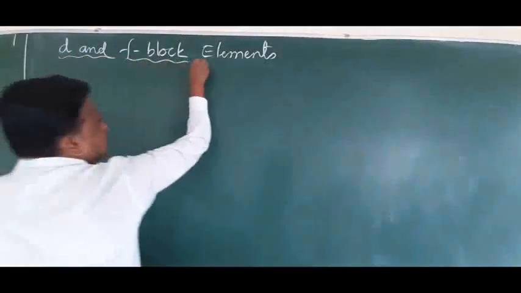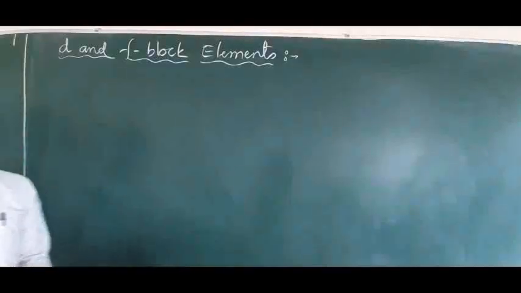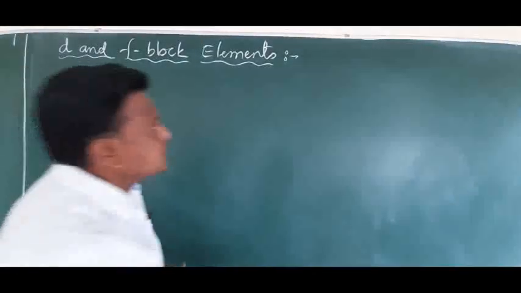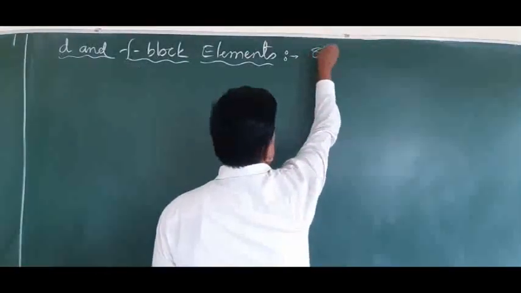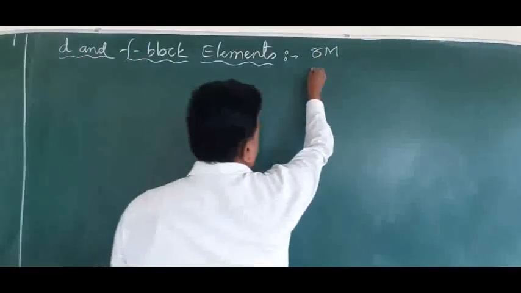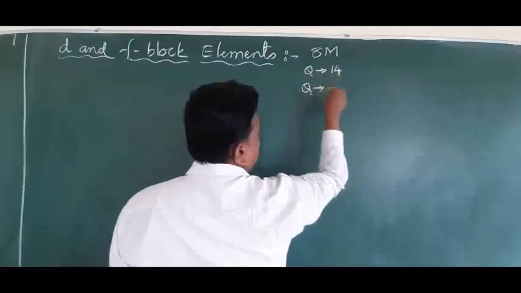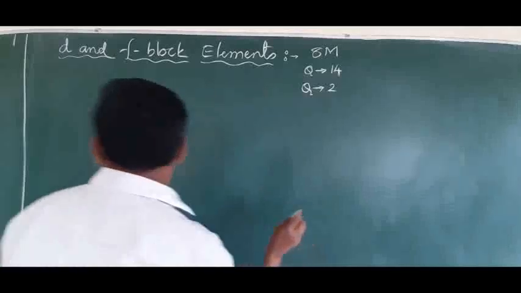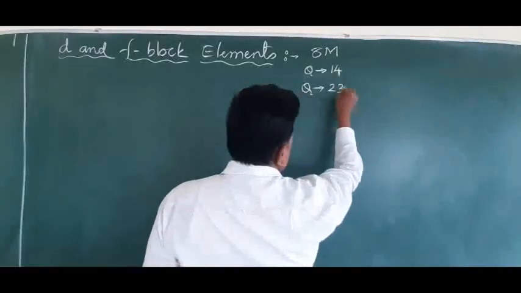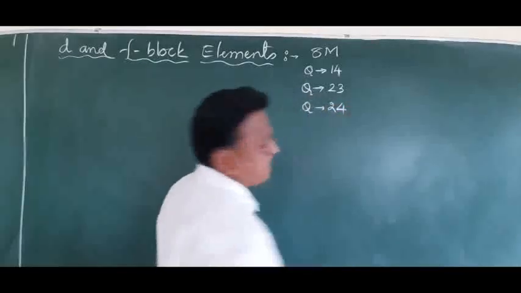Already we know, friends, this is a very important topic to score well, because the weightage of this chapter is 8 marks. In this 8 marks, question number 14, question number 23 and question number 24.